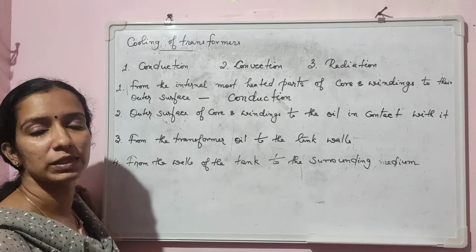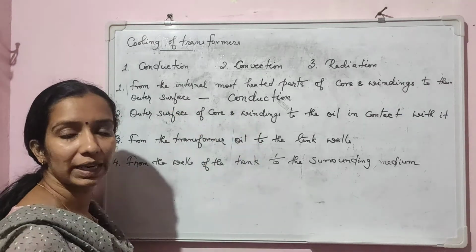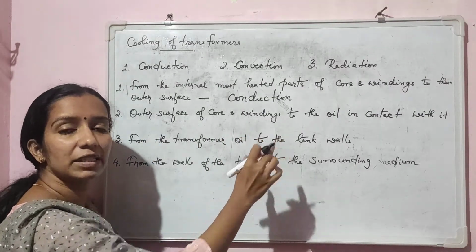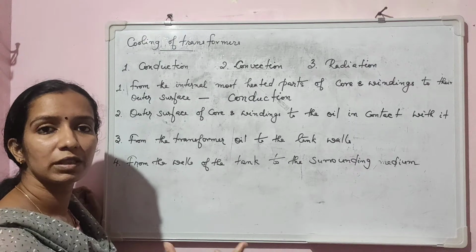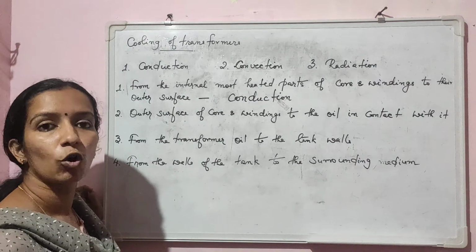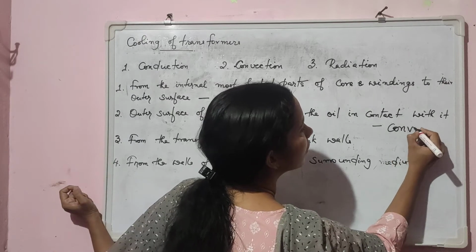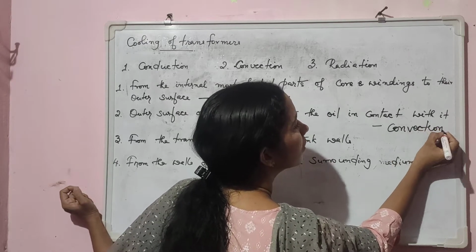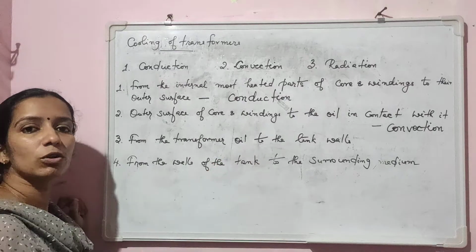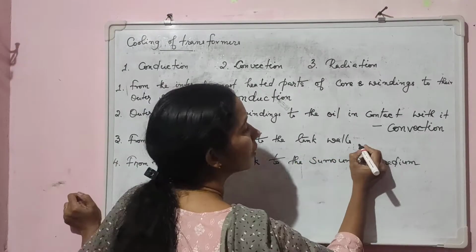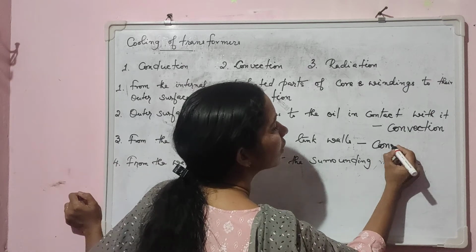In the second path, the heat transfer occurs by means of flowing of the transformer oil. So this is by means of convection. In the third path also, the transformer oil is involved, so here also the heat transfer is by means of convection.